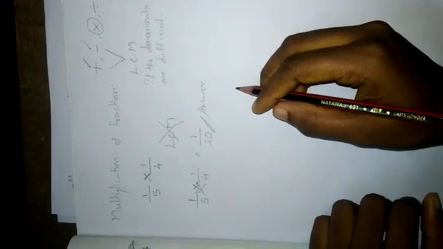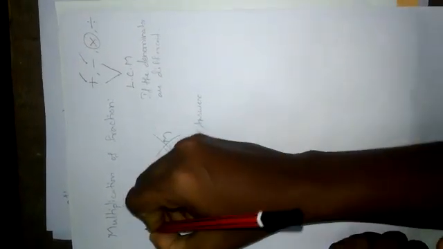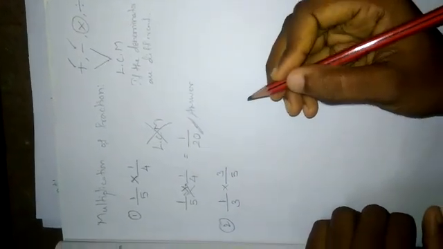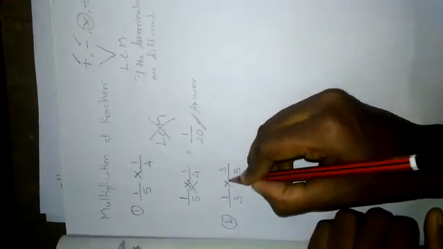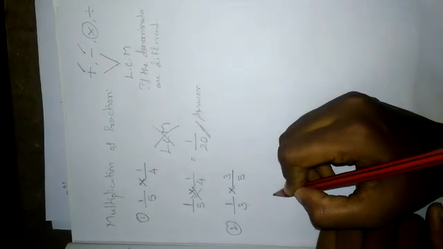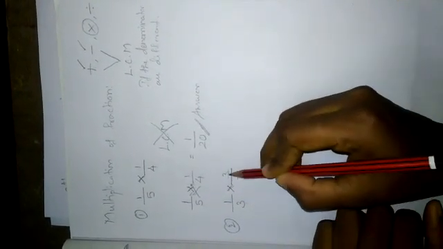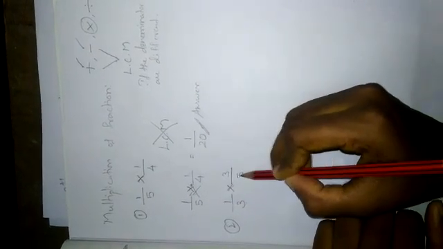I am going to explain again with one more sum, the second sum: 1 divided by 3 into 3 divided by 5. I am going to multiply these two fractions. As I check, 1 and 3 are not in the same table, and 3 and 5 are not in the same table.